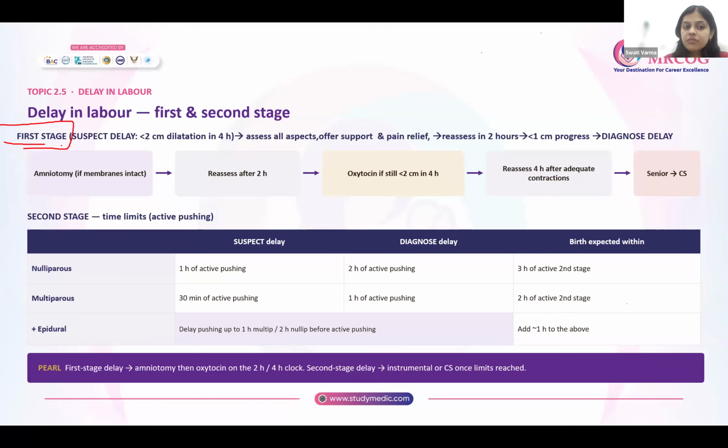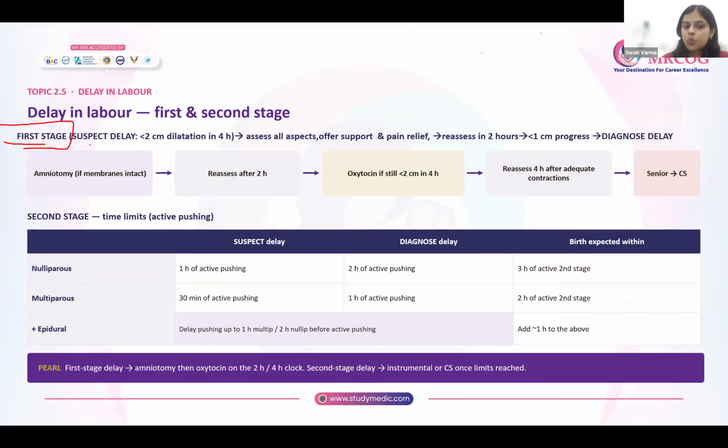But when it is latent, the contractions are still irregular and cervical dilatation is less than 4 centimeter. Whereas established labor is when the uterus has started contracting regularly and cervical dilatation has become more than 4 centimeter.